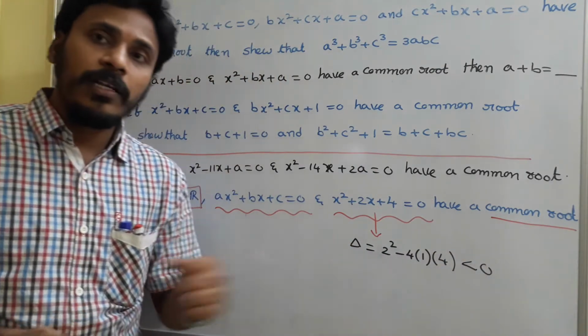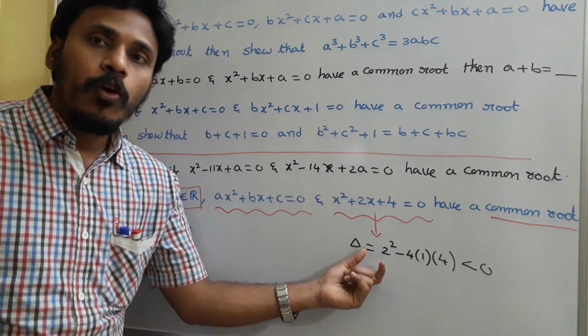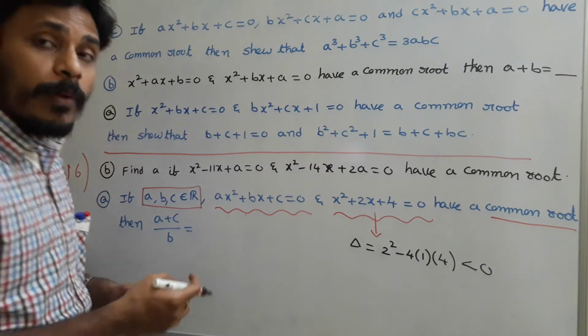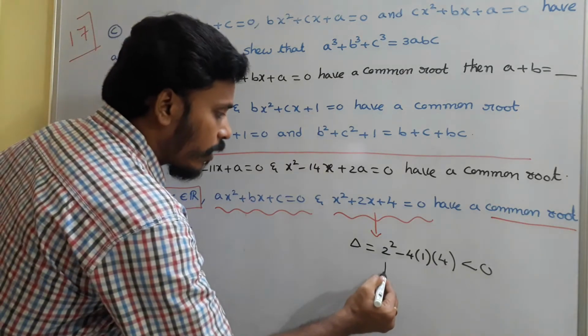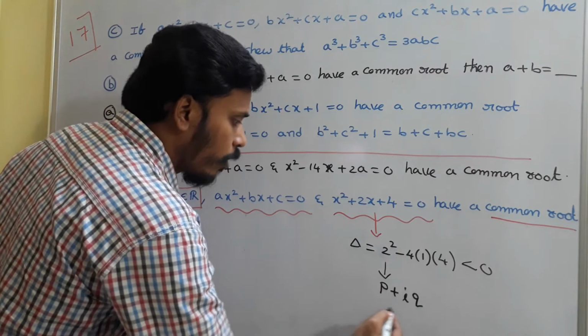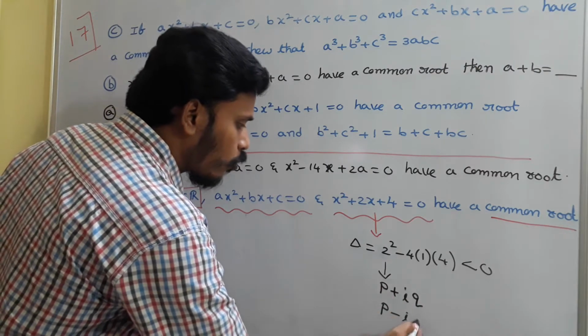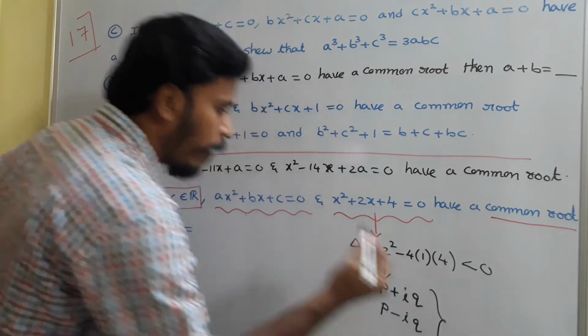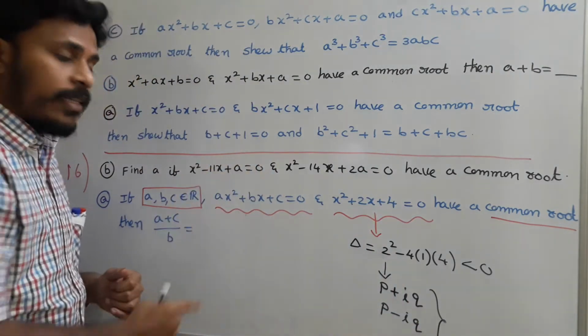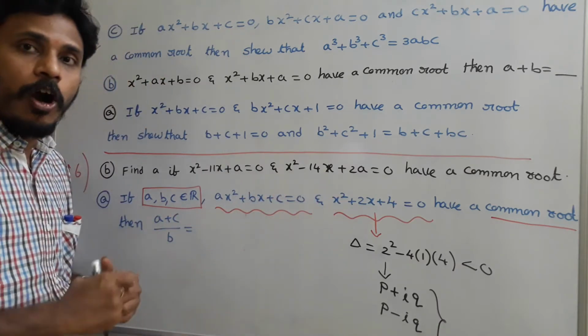Since this discriminant is less than 0, the roots of this equation are complex conjugates of one another. Suppose one root of this equation is p plus iq, then for sure the other root is p minus iq. Now the question says these two equations have a common root.